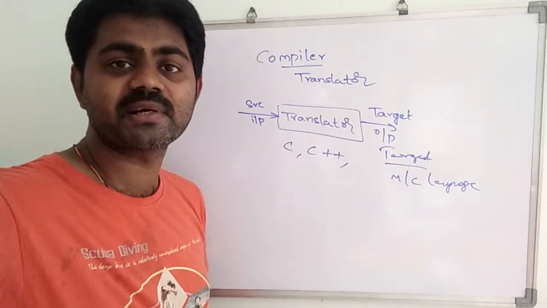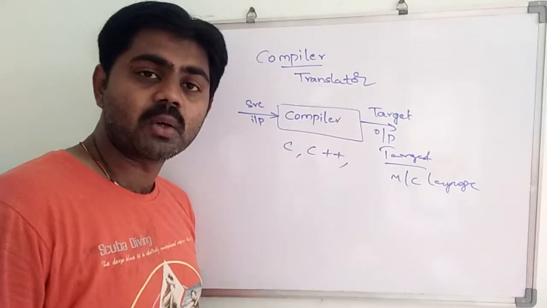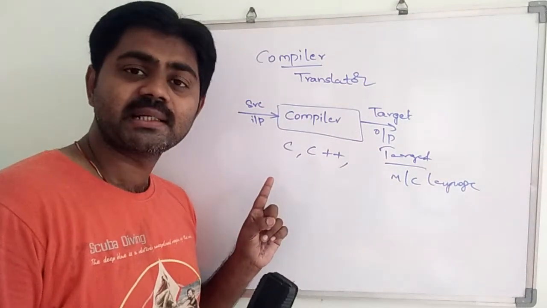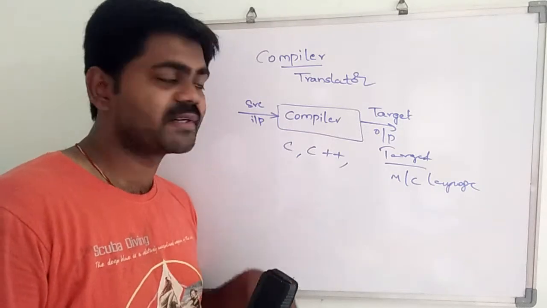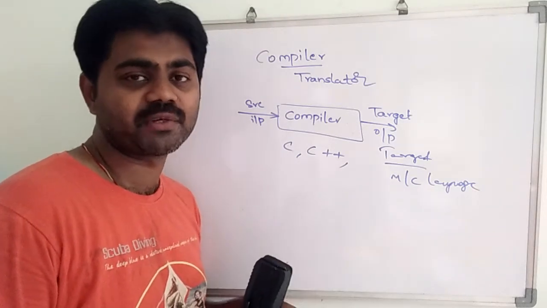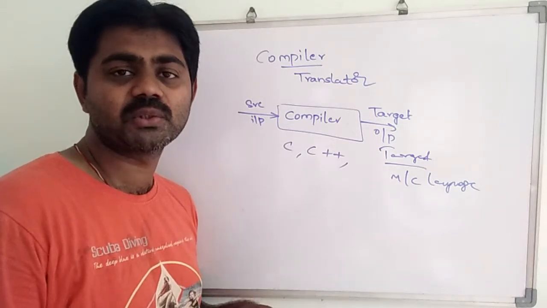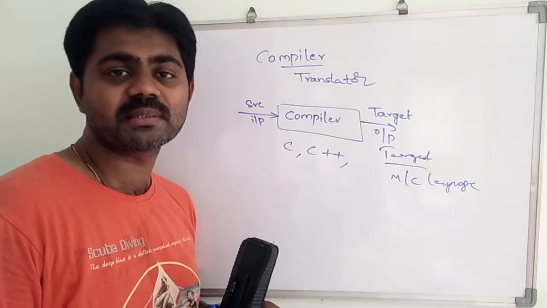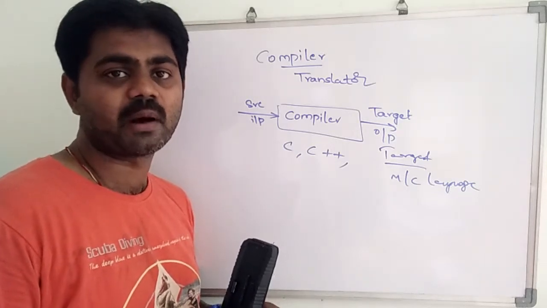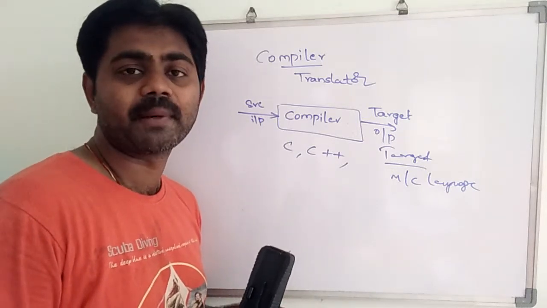That is the basic functionality of a translator. So the compiler takes source input and converts it to target output in another language, also called machine output, which is a machine understandable format. Now, what exactly is a compiler?